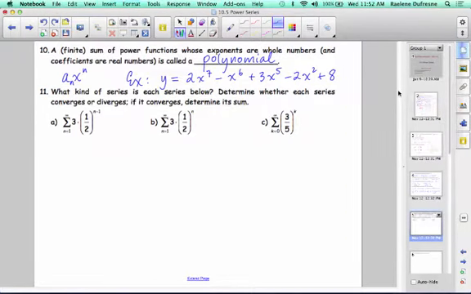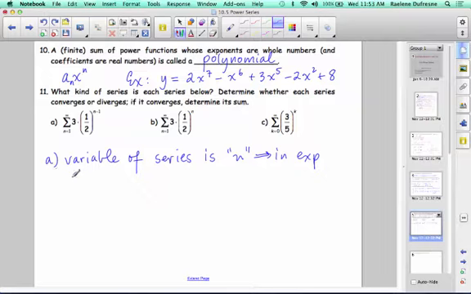Number 11 asks which kind of series is each below and determine whether it converges or diverges. And if it converges, and you can, determine its sum. Well, we notice that in the first series, the variable of the series is n, and n shows up in the exponent, and therefore we have a geometric series.